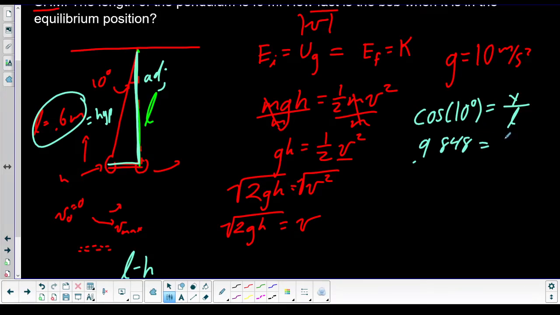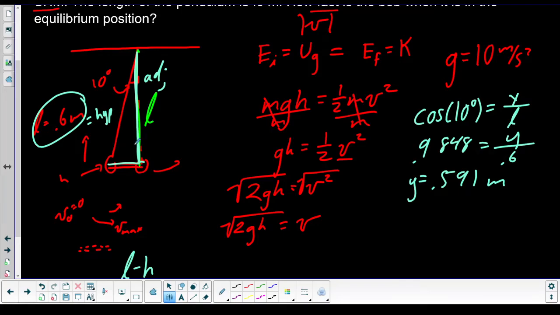Equals y over 0.6, multiply by 0.6 times 0.6 equals, so y equals 0.591 meters. All right, so how high up is this? We found this thing here. It's 59.1 centimeters. The whole string is 60 centimeters.